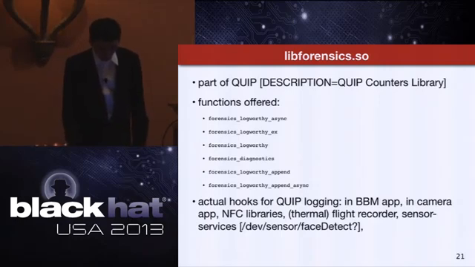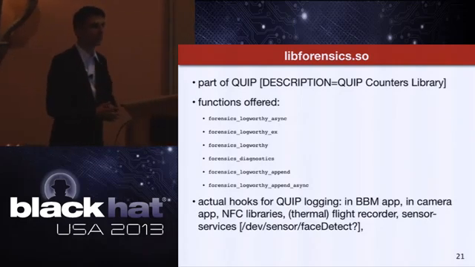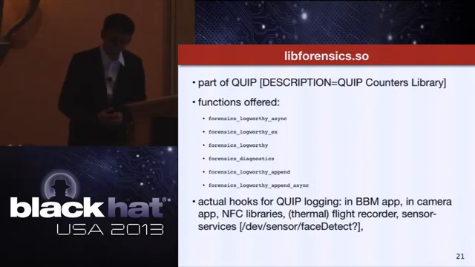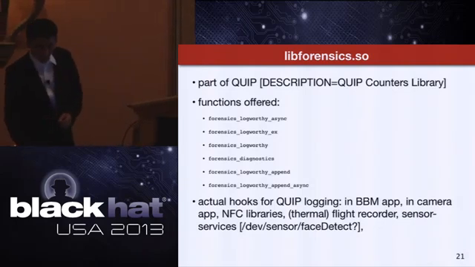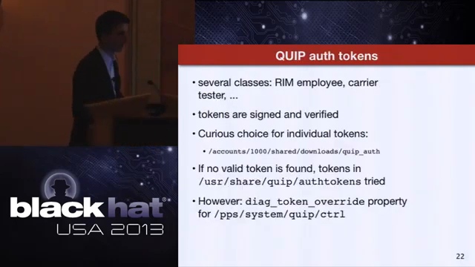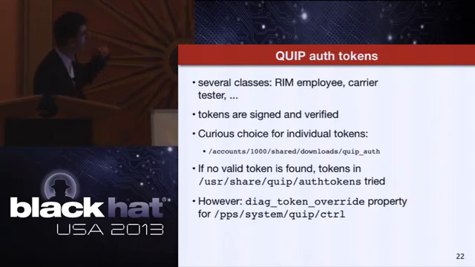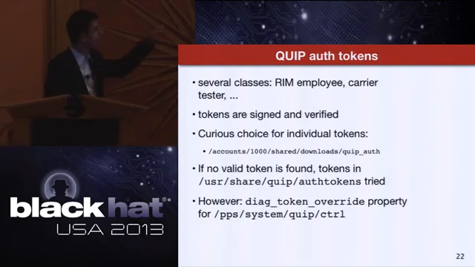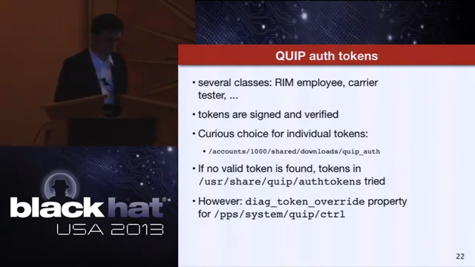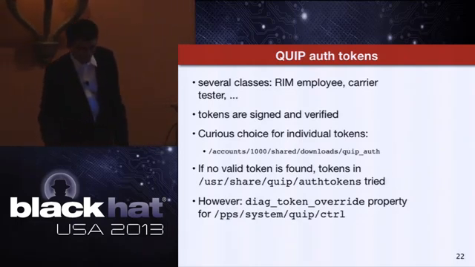And then the question for me was, how easy is it to actually enable this? And it turns out that there's actually some cryptographic protection for this. There are several classes that you can be in. You can be a RIM employee, you can be a carrier tester. And they have tokens that are signed and verified.